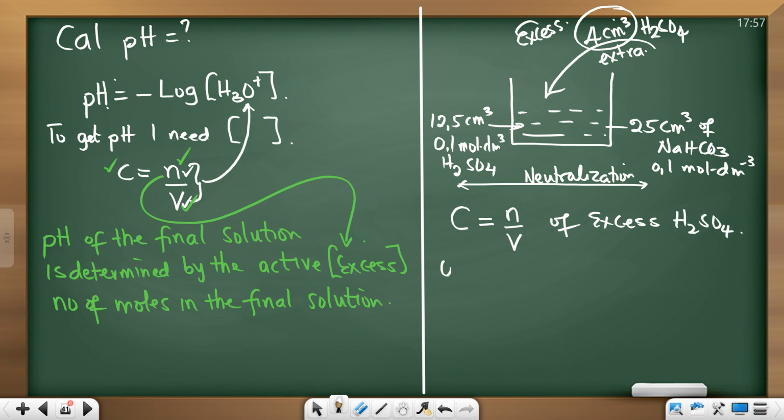Do we know the concentration? 0.1. We don't know the number of moles. What is the volume? 0.004. I hope you understand what I did. So what is the number of moles of sulfuric acid in excess? 0.0004 moles. Everybody okay with that step?